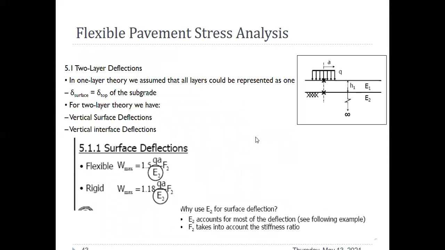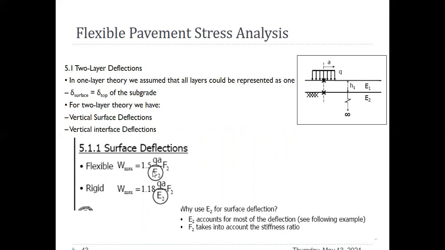There are assumptions in one-layer theory that all layers can be represented as one, so sigma at the surface is sigma at the top of the surface. But for two-layer theory, vertical surface deflection and vertical interface deflection are different.